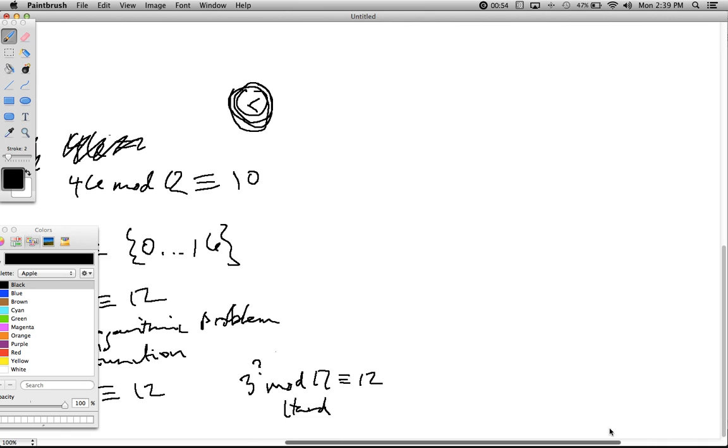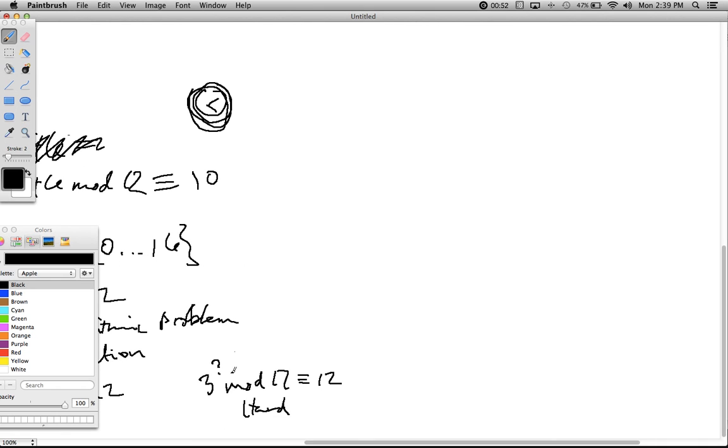Now, you might say to yourself, okay, a computer can solve this by trial and error pretty quickly because computers are so fast. But what if we had something like a very 100-digit number, and we asked the computer to solve this?